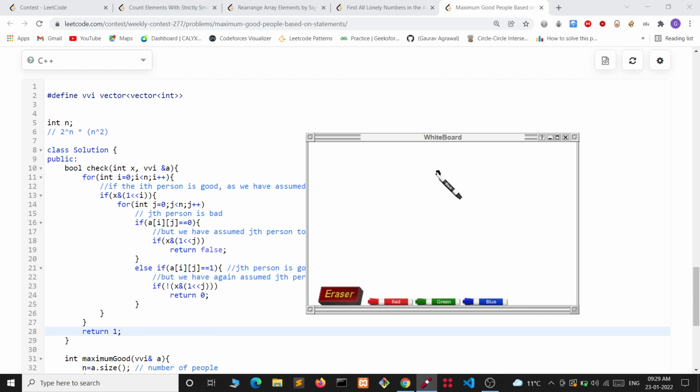If the ith person is a good person, then whatever he says, we take it seriously. If he says the jth person is bad, then we will check for it. And if he says that the jth person is good, then we will check for it.